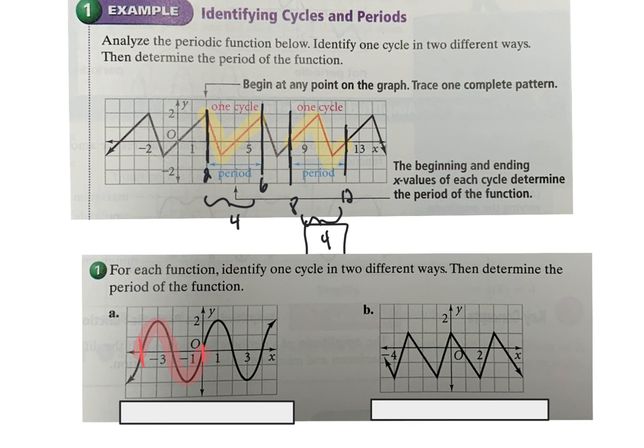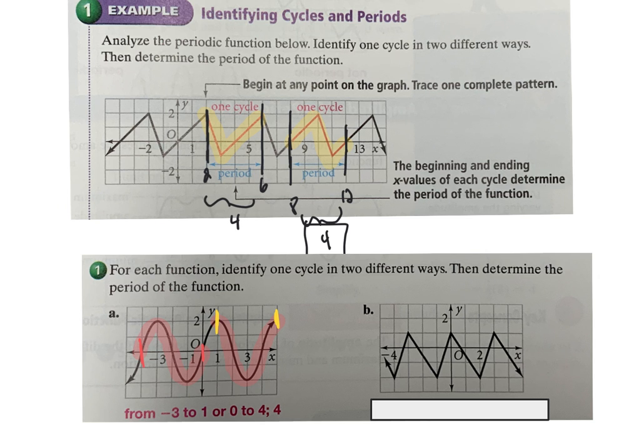If we looked at another piece of it, let's say we start at the top and go all the way down and all the way back up to the top, then that one starts at 1 and ends at 5. Both of those are 4 long, and so that is your period. You could have chosen any two groups. They did -3 to 1 and 0 to 4, but any 4 is going to be a cycle.